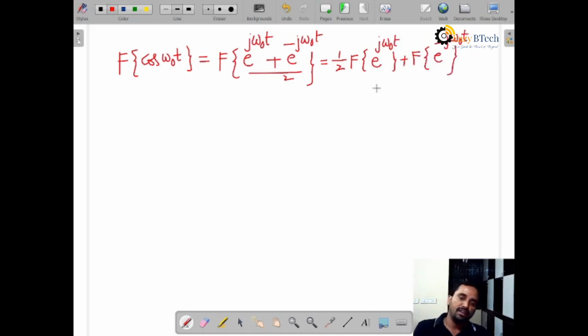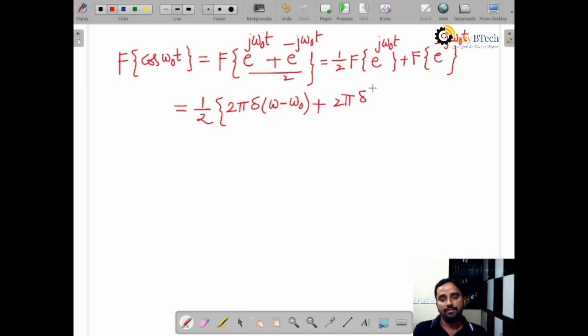Then already we know the Fourier transform of e power j omega naught t. So 1 by 2 times 2 pi del of omega minus omega naught, because here it is plus omega naught, that is why here minus omega naught, plus 2 pi del of omega plus omega naught.